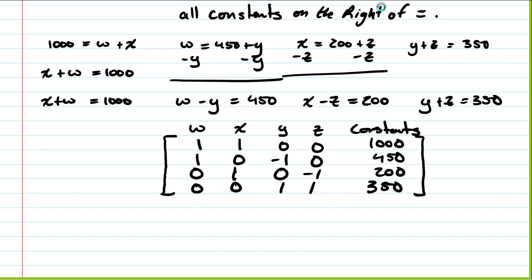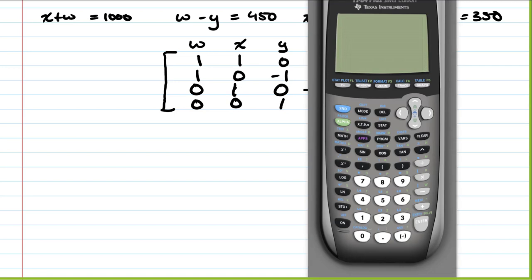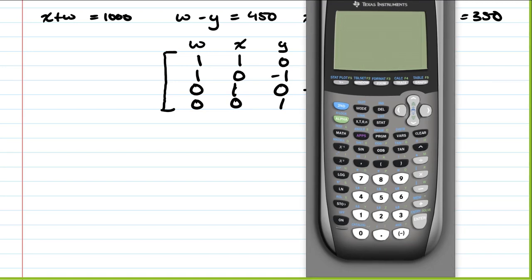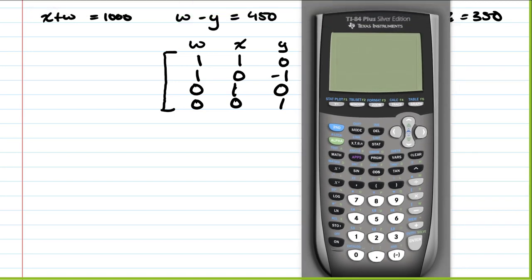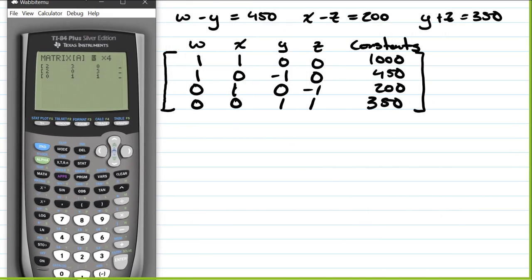All right, so now I need to solve that linear system. Turn on my calculator, go second matrix. We're going to head over to edit, and this time our matrix is a 4 by 5.